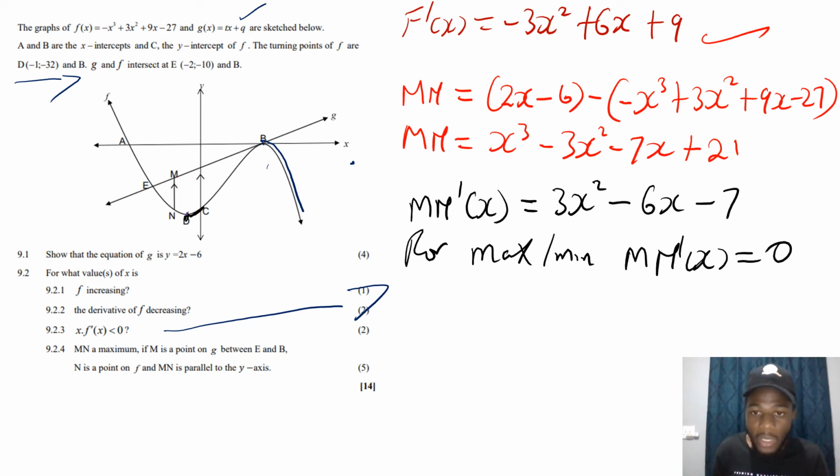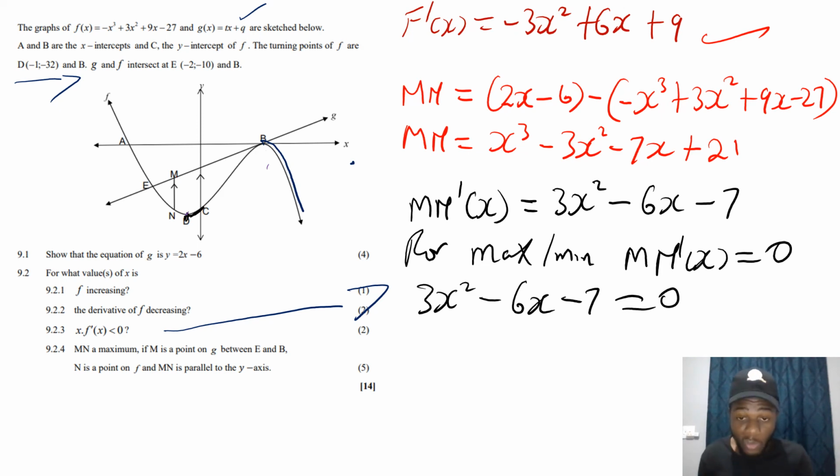Okay, so we must equate this to 0. So it is 3x squared minus 6x minus 7 equals 0. As you can see, we can't factorize this one, so you have to use the quadratic formula and find the values of x. So we find our values of x by using the quadratic formula here.